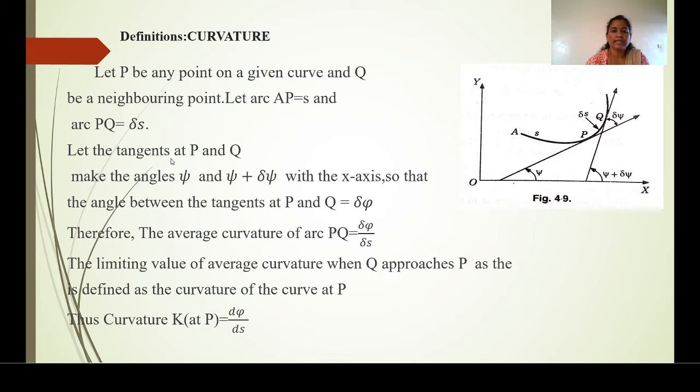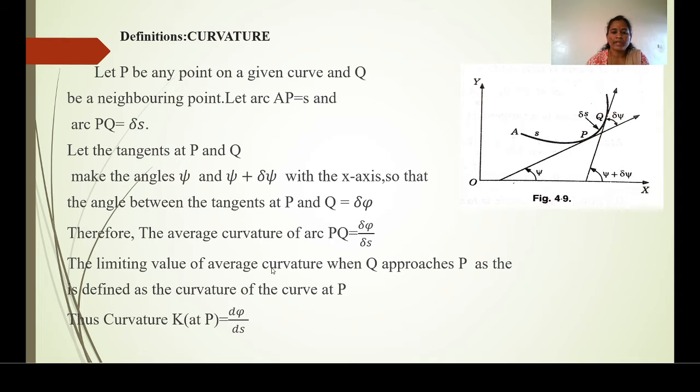Let the tangents at P and Q make angles psi and psi plus delta psi with the x-axis, so that the angle between the tangents at P and Q is delta psi. Therefore, the average curvature of the arc PQ is delta psi by delta s.